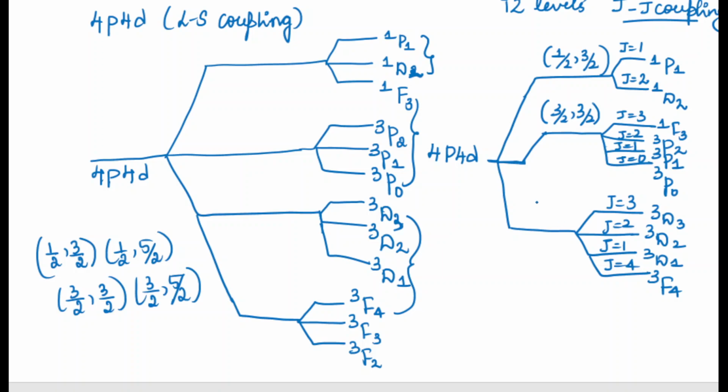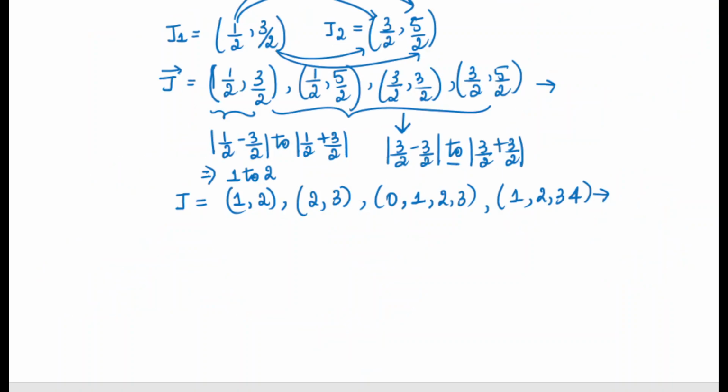Okay, and the combination we got is 3/2 and 5/2, right? So 3/2 and 5/2. Now we are left with one more set, 1/2 and 5/2. What are the values for 1/2 and 5/2 from the previous slide? It is 2 3.